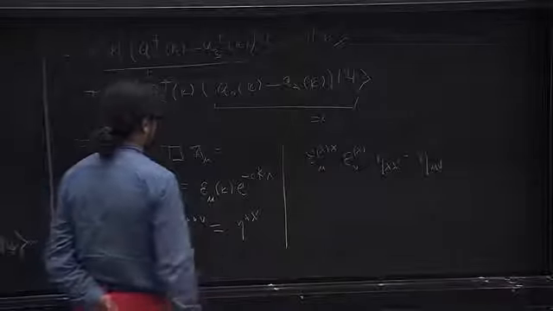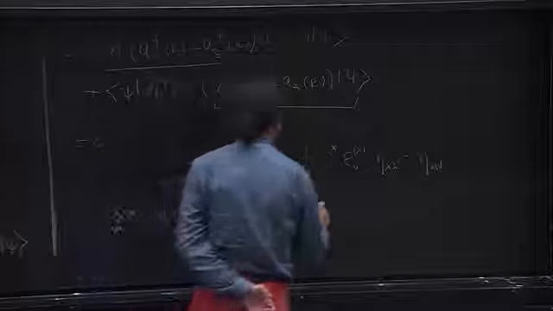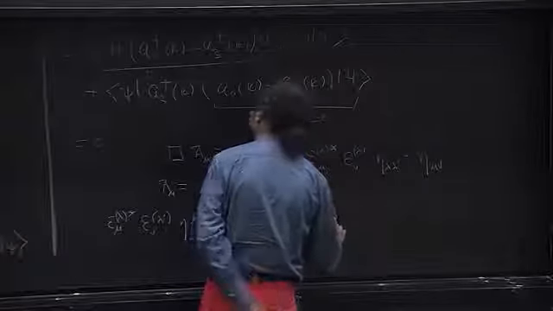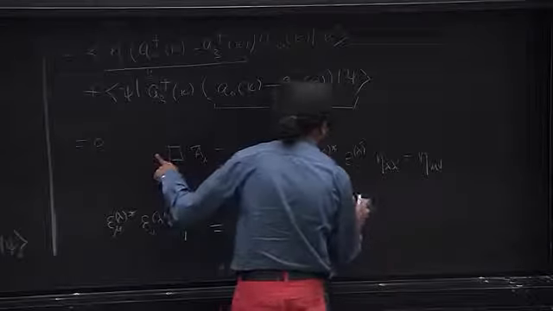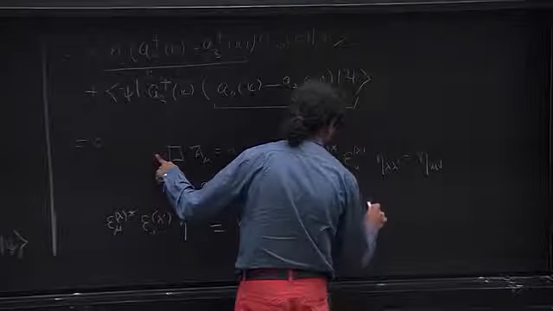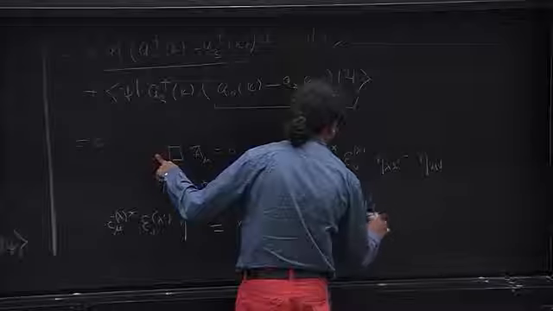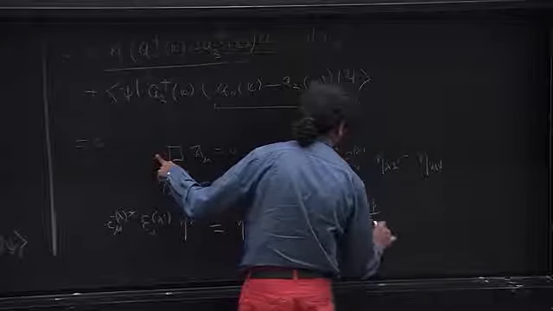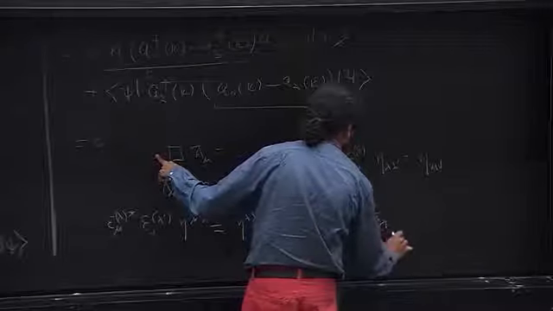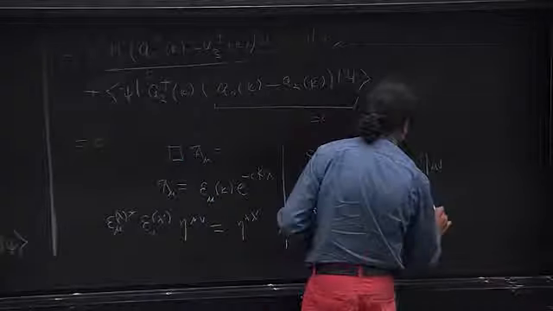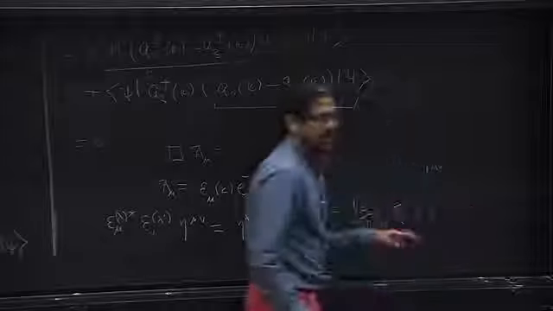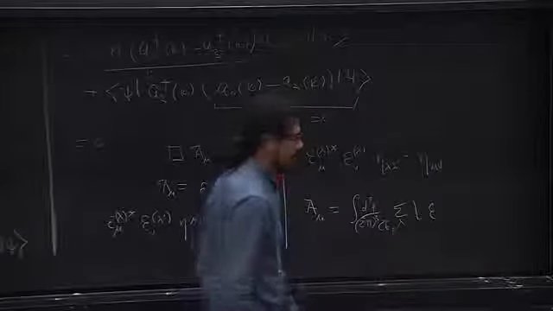Because of these 4 independent ones, and because this is a linear equation, you can write this as summed over all the momentum and summed over all the polarization. And then the A's are the Fourier coefficients.